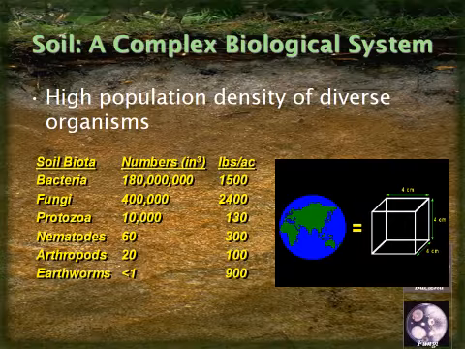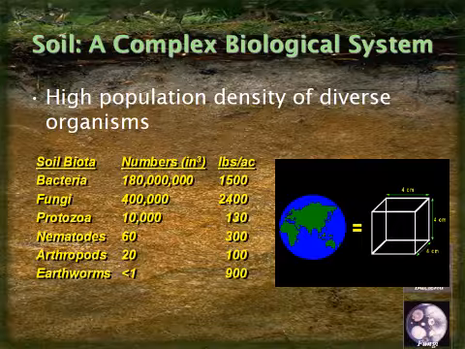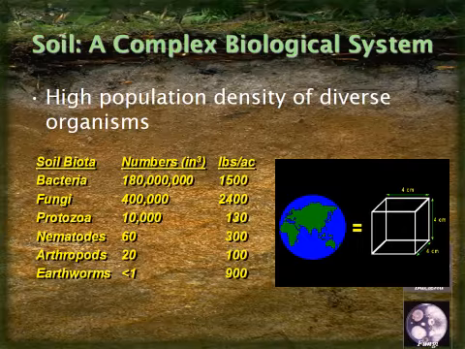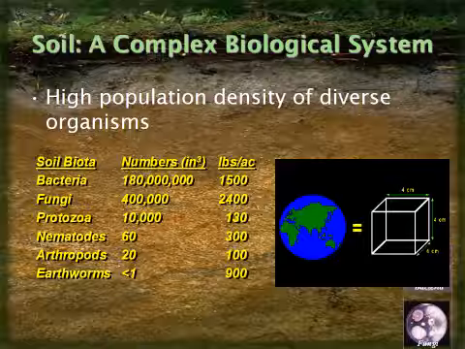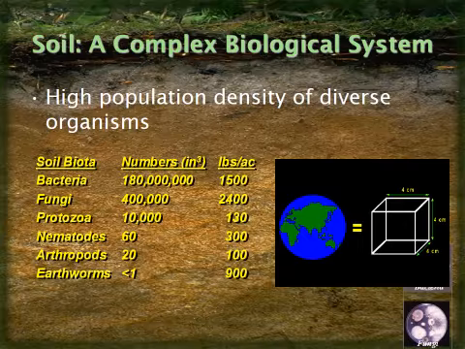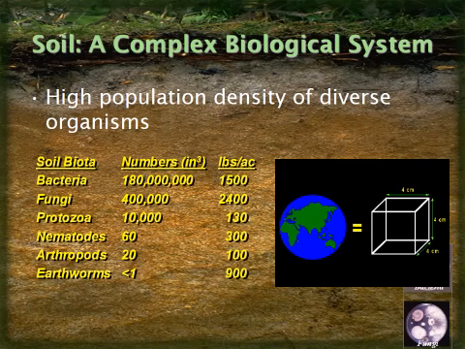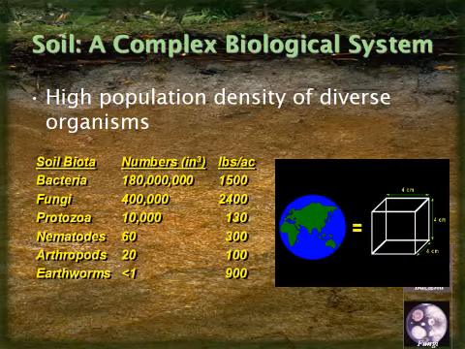And so even though they don't make up a lot in terms of numbers in the soil, and even their weight doesn't tend to be a lot of the soil, the damage that they can do is significant, and so they can't be ignored. And so think about that. If something as insignificant as a nematode can cause so much damage, really the soil biology is something that we have to take into consideration.